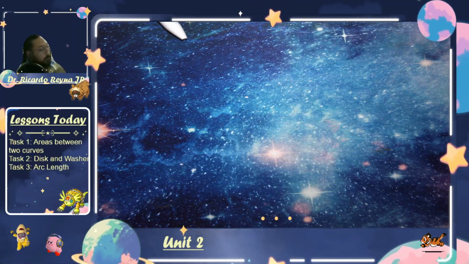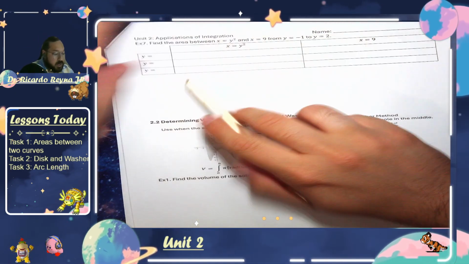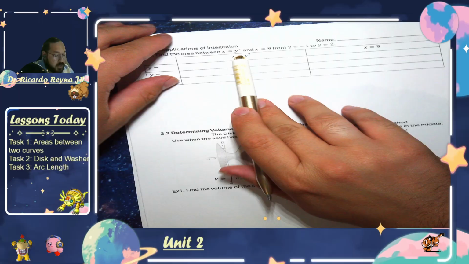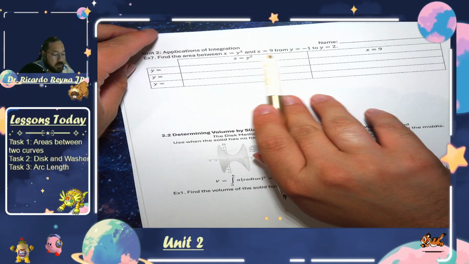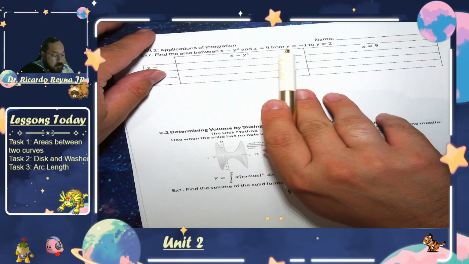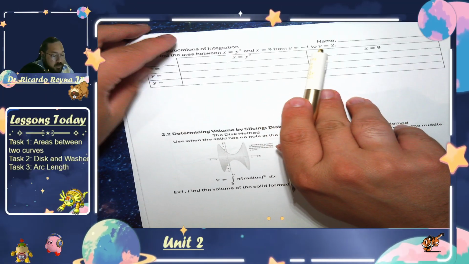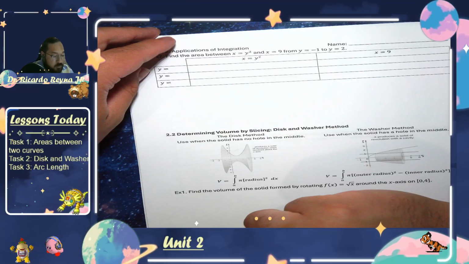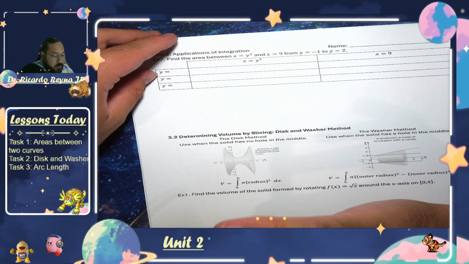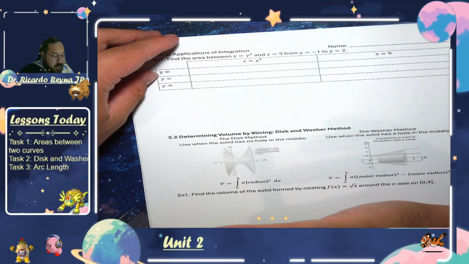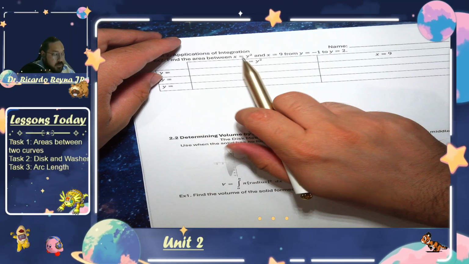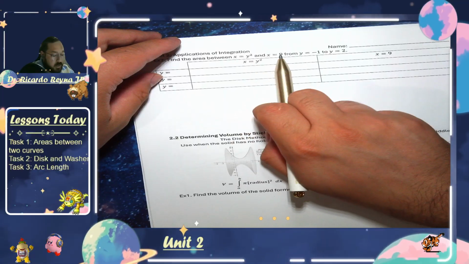All right, one more time. We have: find the area between x is equal to y squared and x is equal to 9 from y is -1 to y is 2. Okay, so from here, we have to ask ourselves, when do these guys intersect?